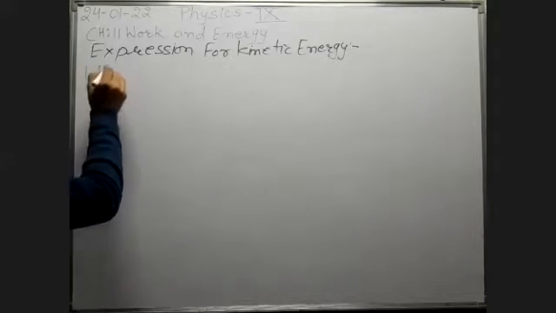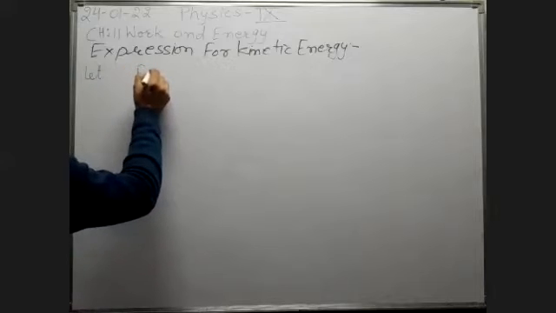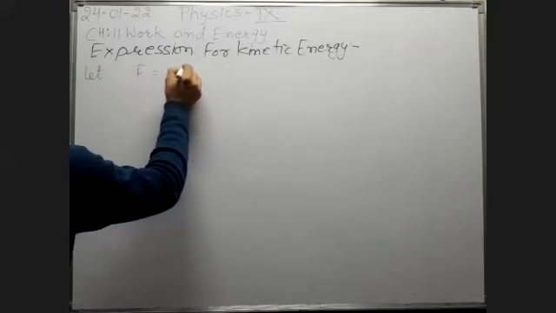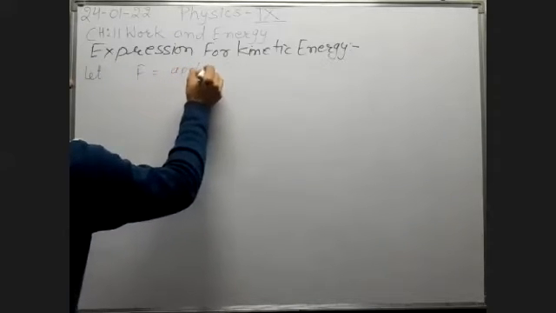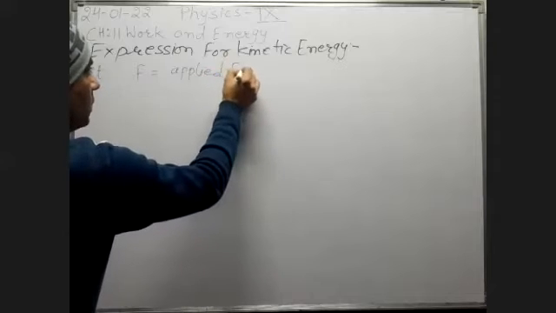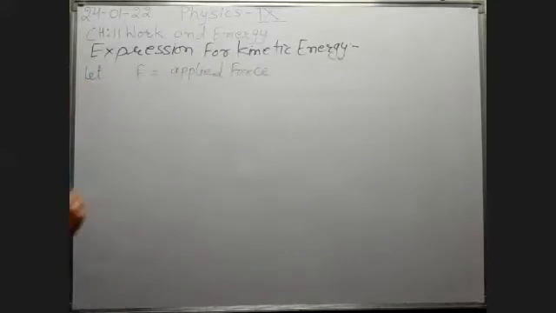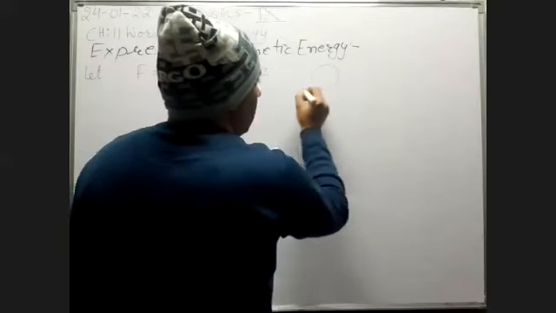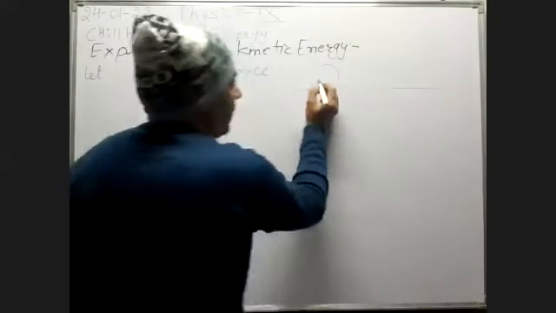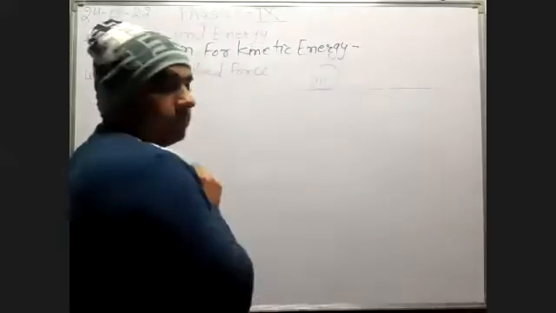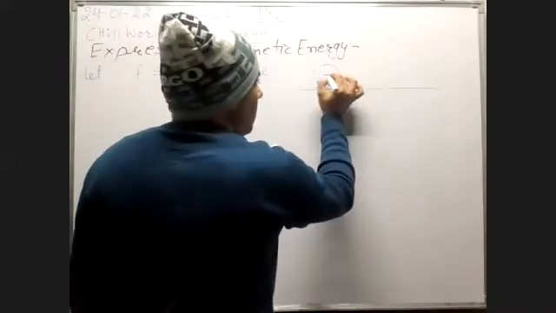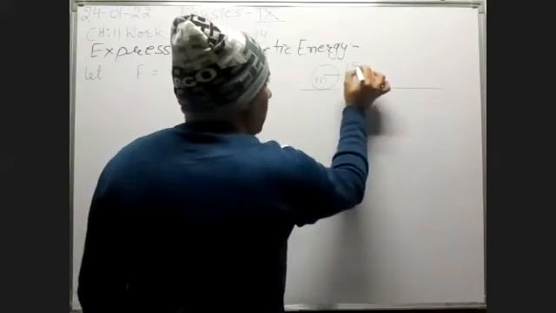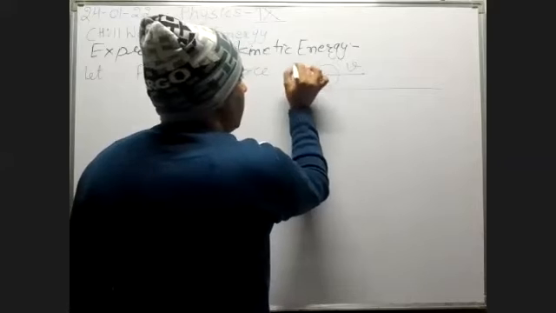Let F be the applied force on an object. We have some object. This object has mass m, moving with some velocity v, and the applied force is F.